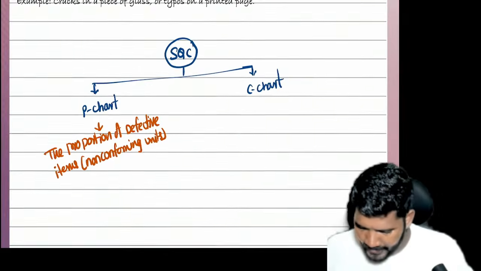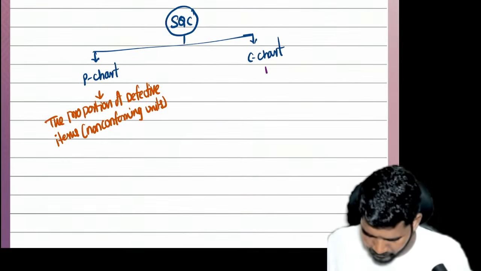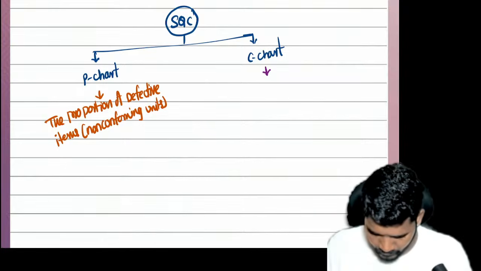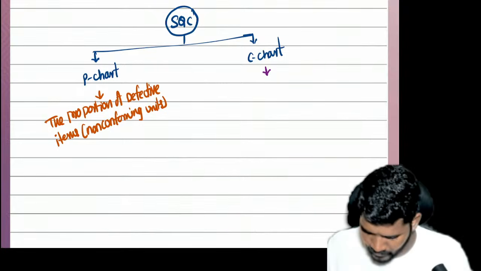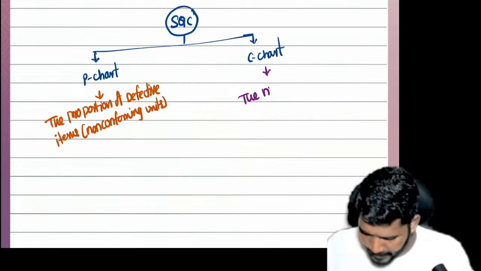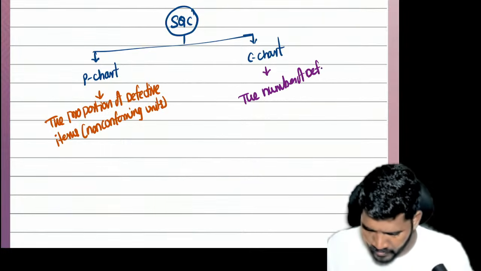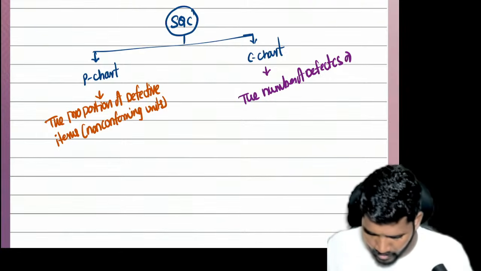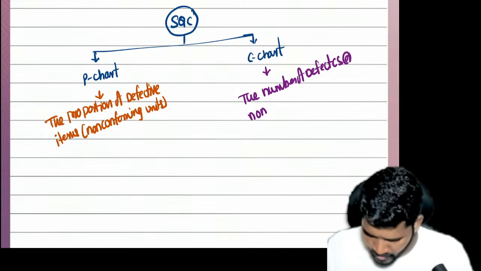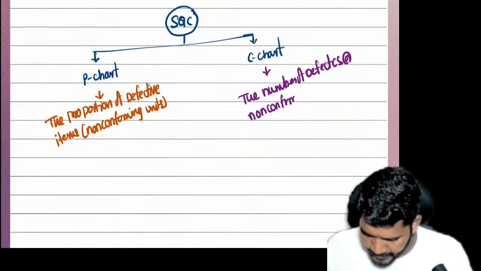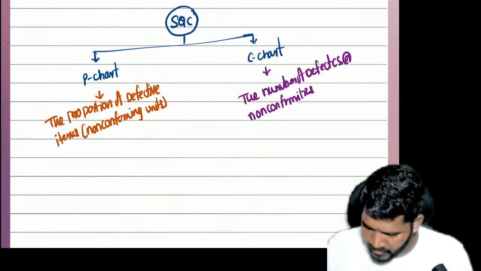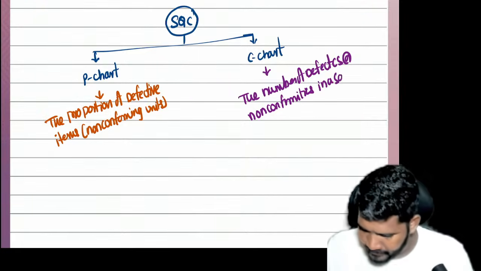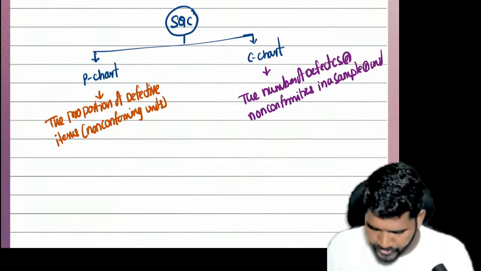Okay. When it comes to C charts, the number of defects or non-conformities in a sample or unit is calculated using the C chart.